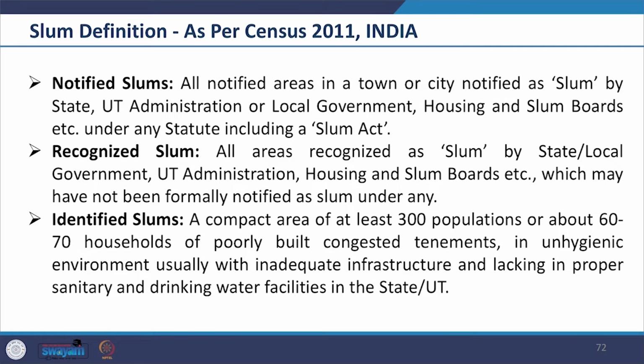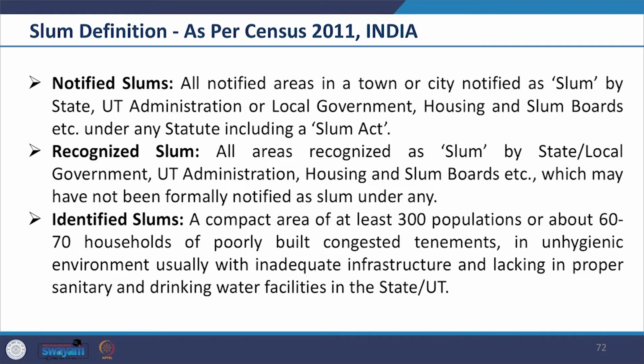Other is recognized slum: all areas recognized as slum by the state or local government or Union Territory Administration, housing and slum boards and so on, which may not have been normally notified as slum under any statute.